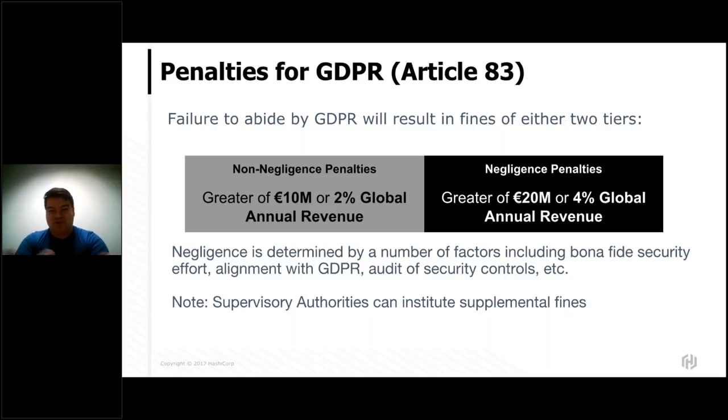So if you have multiple data breaches in a year, heaven forbid, this could result in a series of fines that would potentially cripple your business. And again, this is an extraterritorial requirement. You're subject to it regardless of whether you sit in the European Union, the United States, APAC, etc.